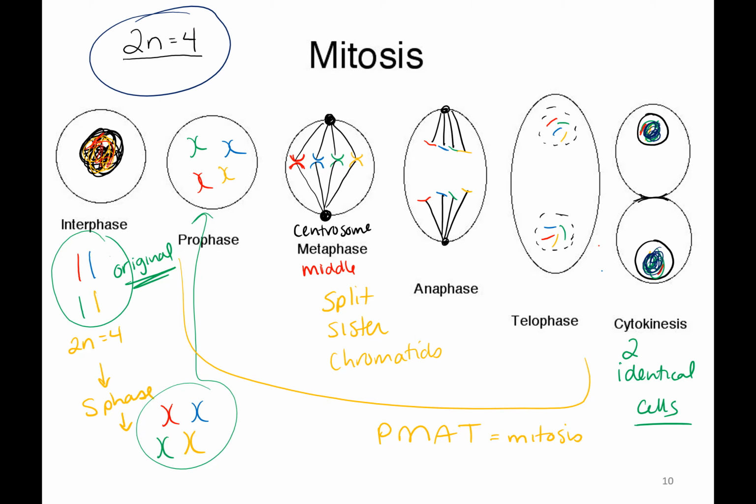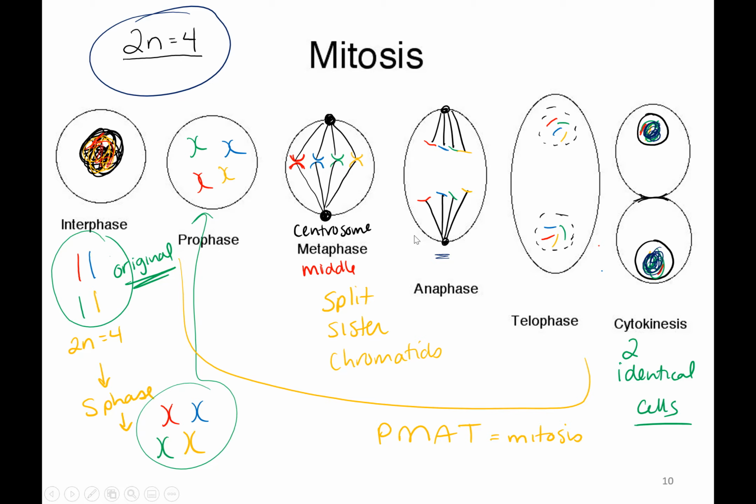So on an exam, I will say a cell has 2n equals some number, and draw me, say, anaphase, or telophase, or metaphase, prophase, okay? I won't ask you to draw the whole thing, I'll ask you to draw one phase, and that shows me, do you know the number of chromosomes, and do you know what's happening at that phase?